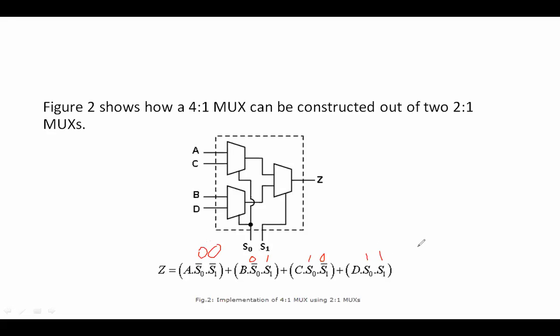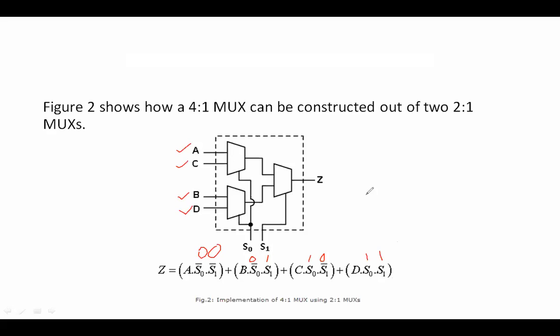These are going to be our combinations for two inputs, which you multiply with A, B, C, and D. If I select 0 0, then A is selected. If I select 0 1, then B is selected. If my select lines are 1 0, then it's C. If I select 1 1, then the input line selected will be D.